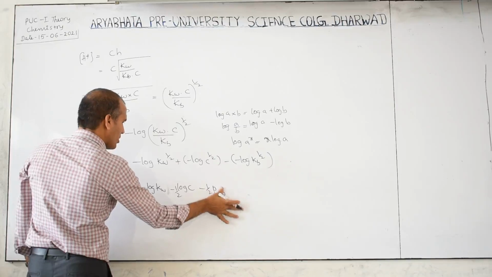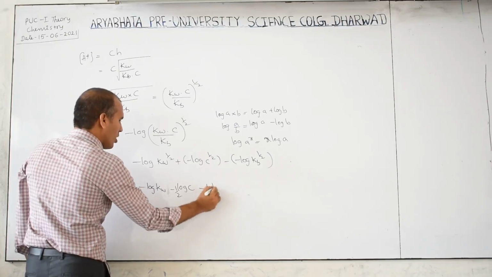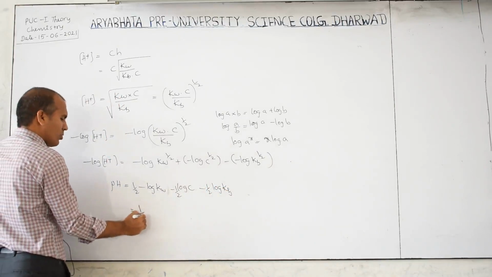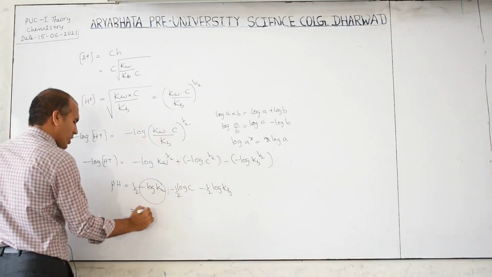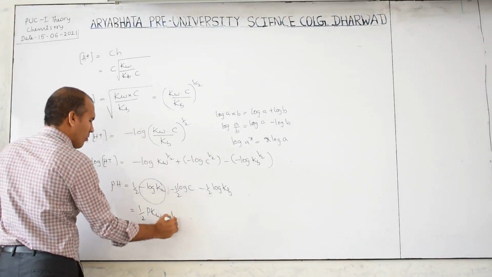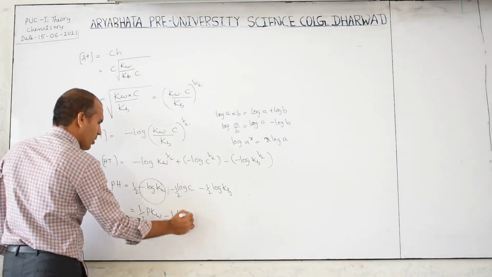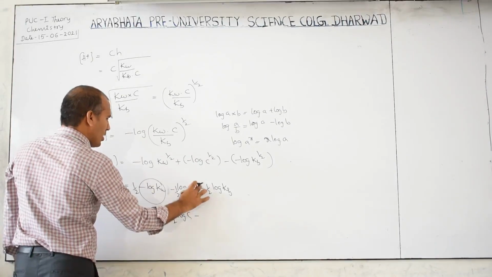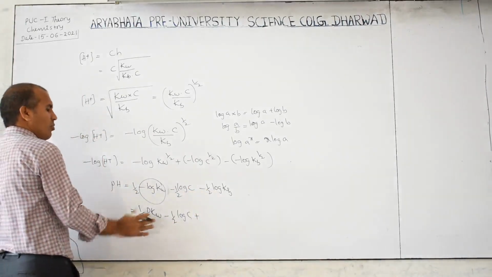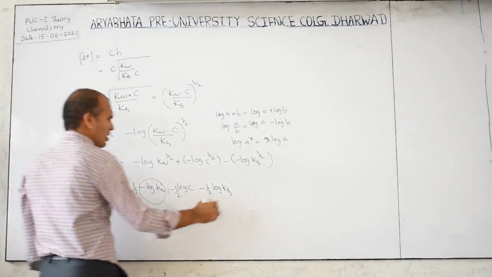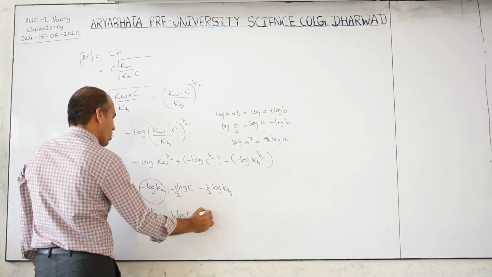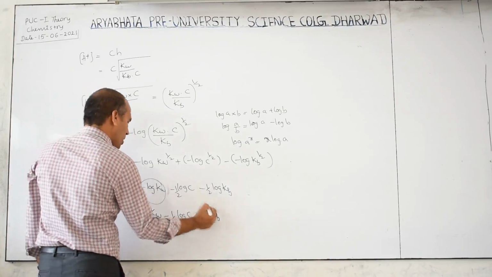First, it is better to write it normally. Log Kb, this is 1 by 2, 1 by 2, this is known as pKw, then pKw, this is half of log C minus, but here plus, because this belongs to A into B form. Therefore half of, this is called pKb.